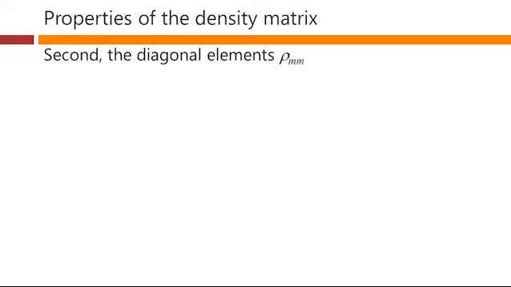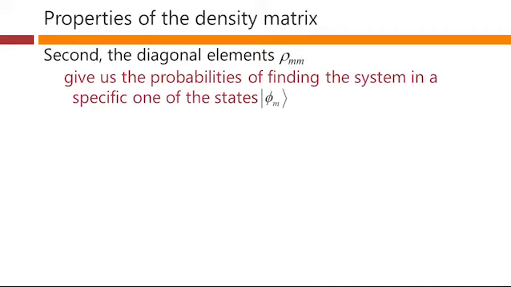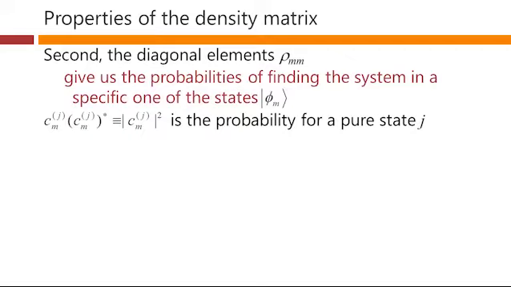Second, the diagonal elements, rho mm, give us the probabilities of finding the system in a specific one of the basis states, phi m. So, in the situation where these two indices are the same, for rho mm, then this product, of course, is just the modulus squared of Cm for state j.